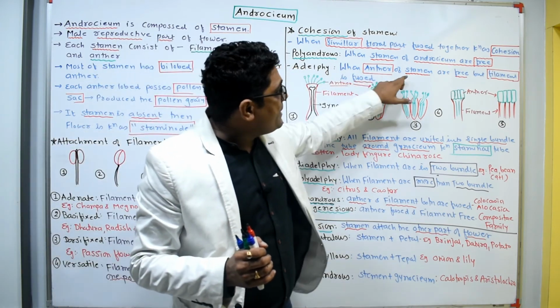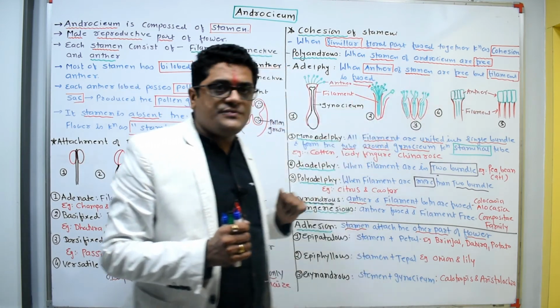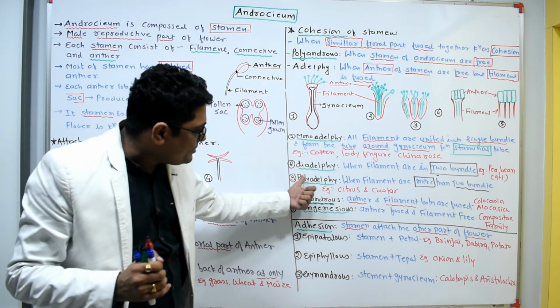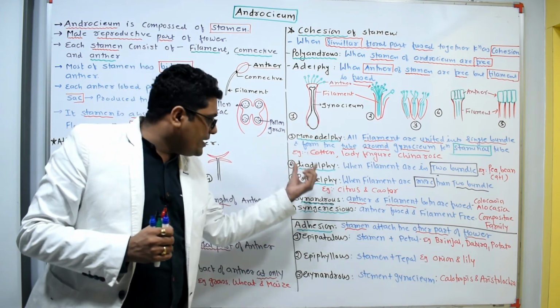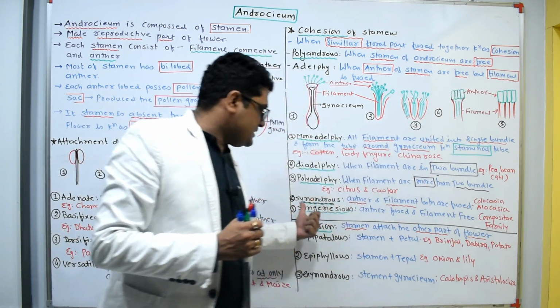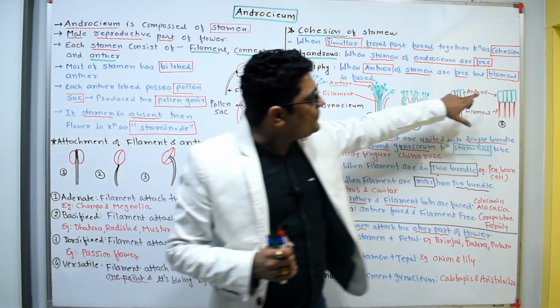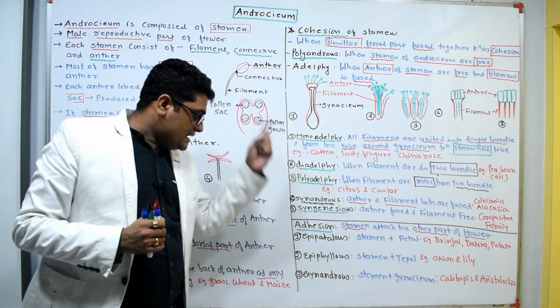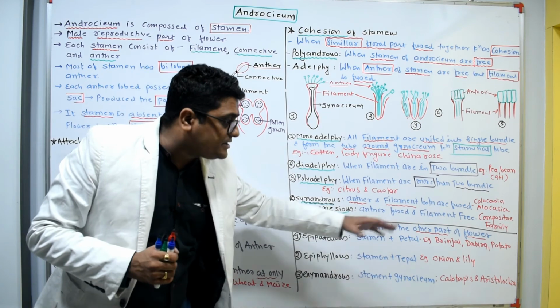Now adhesion: stamen attached to another whorl, यानी stamen बेटा कोई और फ्लावर के पार्ट के साथ ज्वाइंट हो. जैसे फर्स्ट बेटा epipetalous, stamens are fused with petals. Stamen and corolla are fused, then it is epipetalous: brinjal, datura and potato.